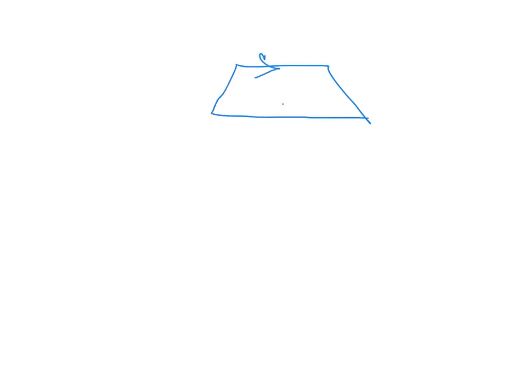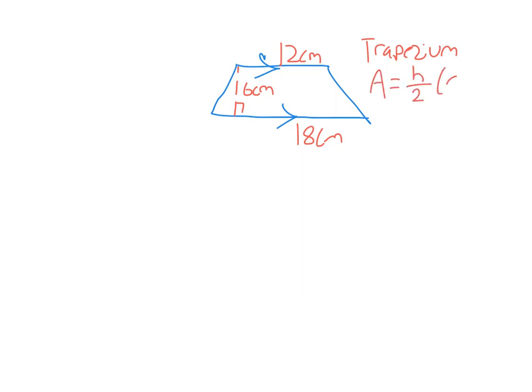So a trapezium is a four-sided shape with one and only one pair of parallel sides. So what you need for this is the two parallel sides and the perpendicular height. So if we have something like this, we use the formula for a trapezium, and that is area equals h over 2 times (a plus b).